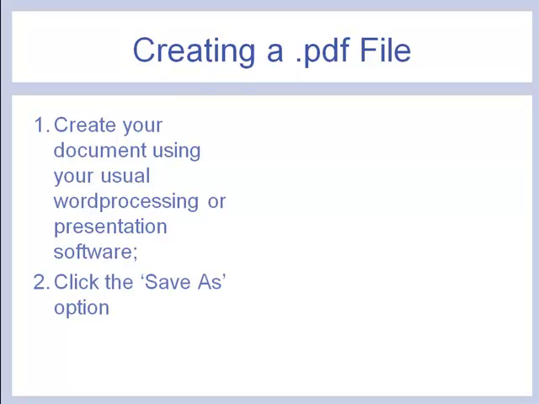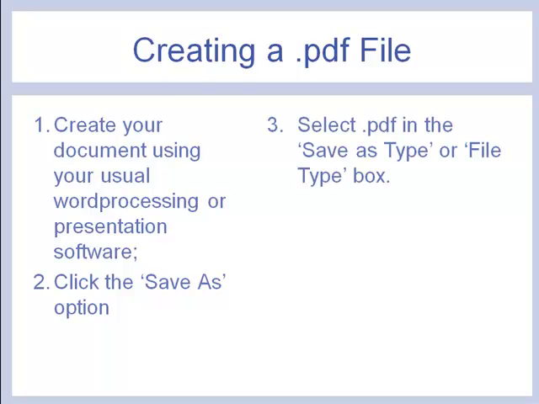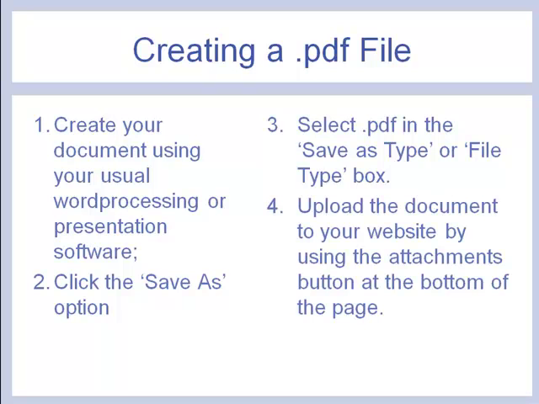Then you click on the Save As option. In the Save As type or file type box, you select PDF, and then once the document has been saved on your computer, you can upload it on your website by using the Attachments button at the bottom of the page.